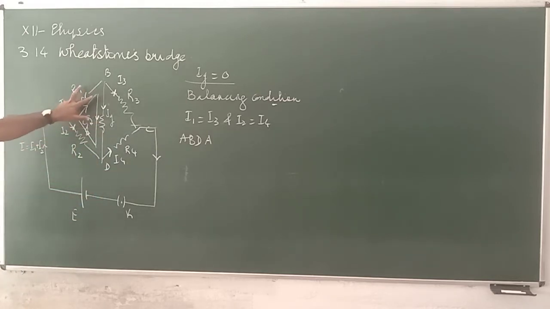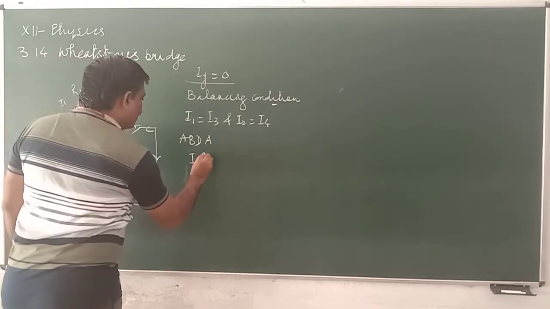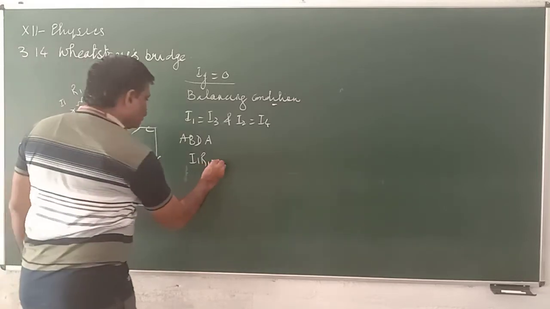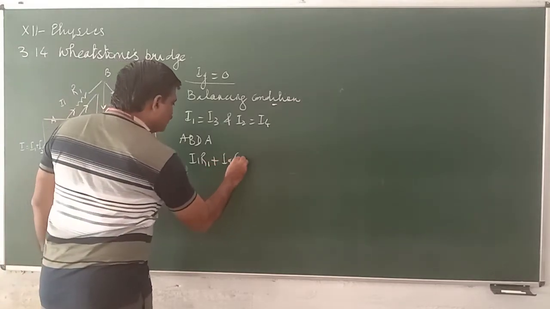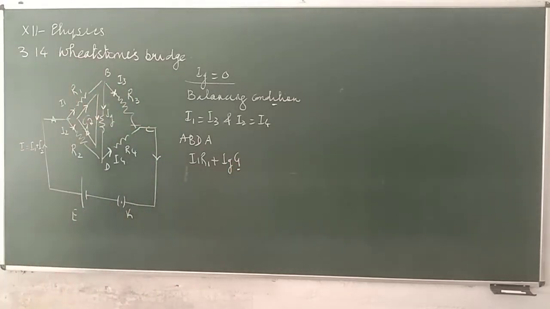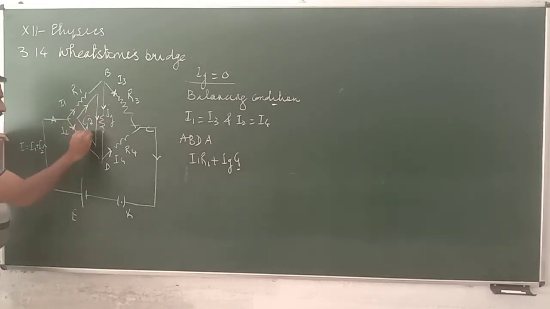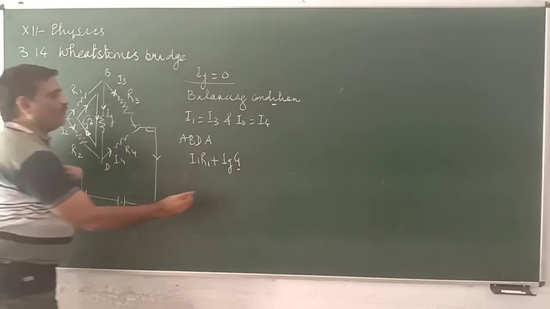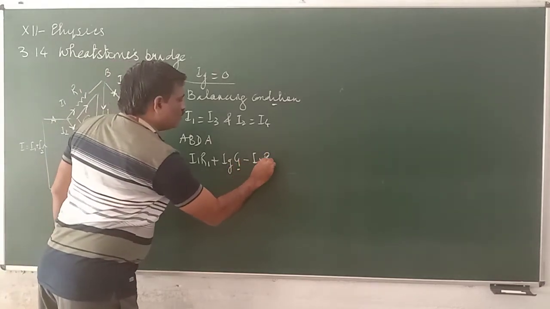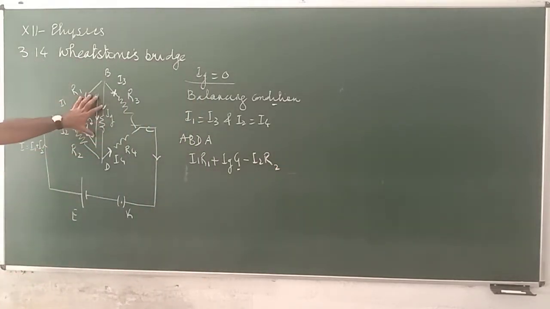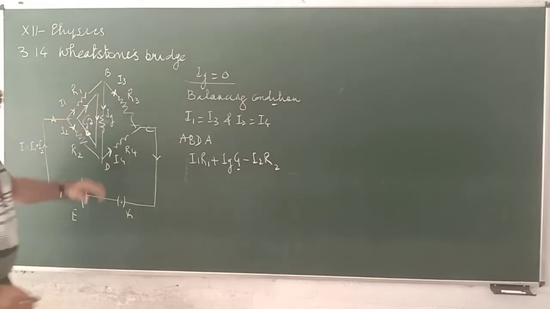See, this current and traced direction are the same, so that becomes plus I1 R1. This current and traced direction are the same, so the product is Ig G, where G is the resistance of the galvanometer. But here the current is opposite to the traced loop direction. Therefore, it becomes minus I2 R2. In this complete loop, there is no battery, no EMF source.